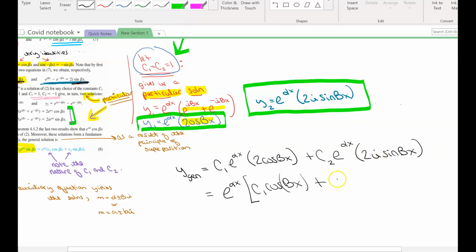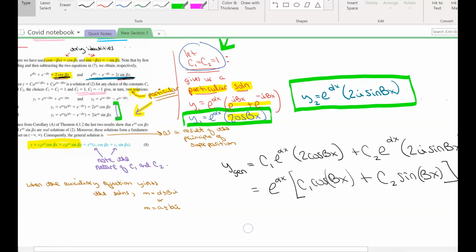This is the first time you're going to see us include i as a constant. I mean, there's no rule saying that the constant can't be imaginary. So all I did was take C2 times 2 times i and plop them into right here, C2.